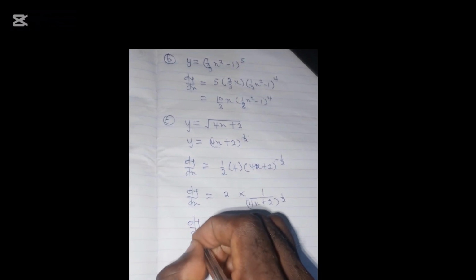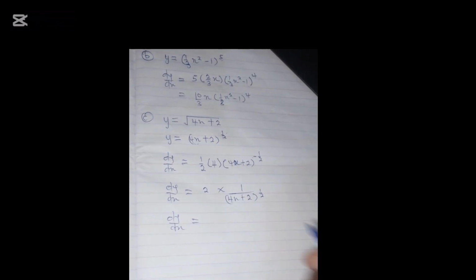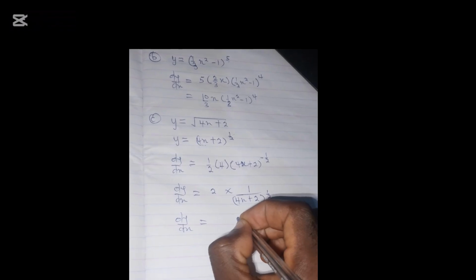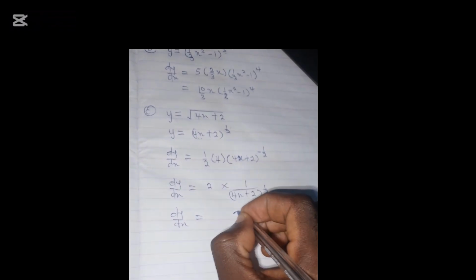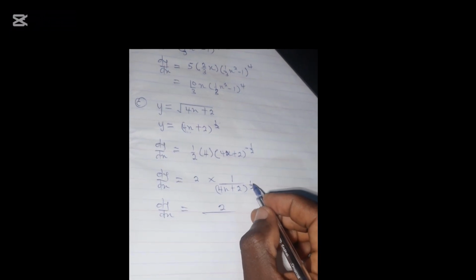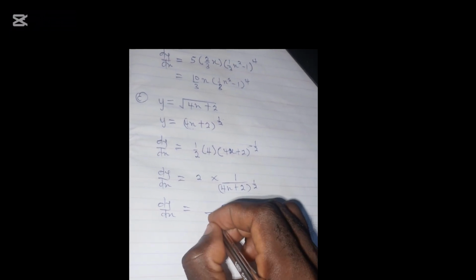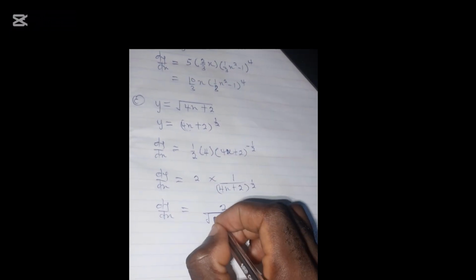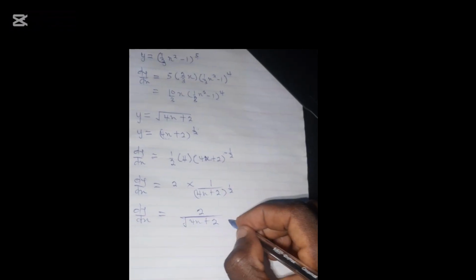Now dy dx is equal to 2 times 1, that is 2, all divided by, half can be written as square root, so we have square root of 4x plus 2. So this is the end of our differential.